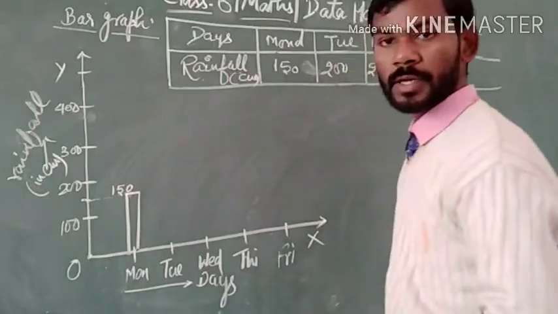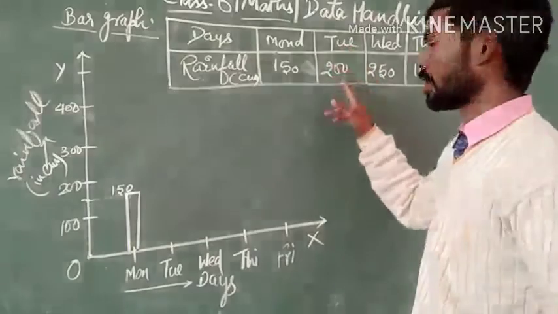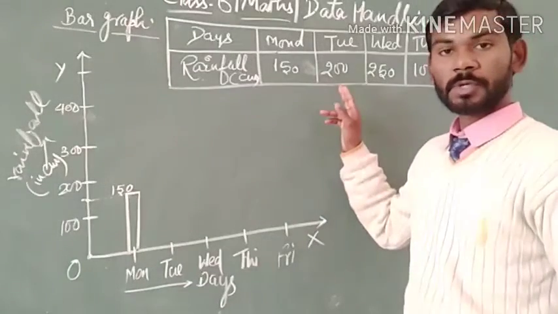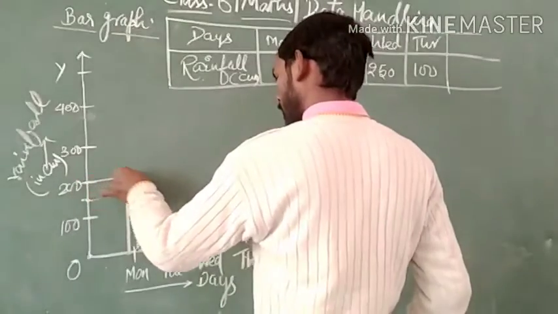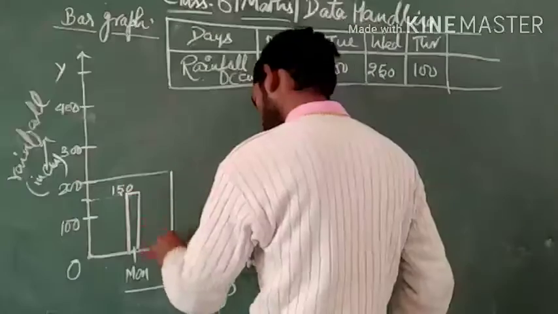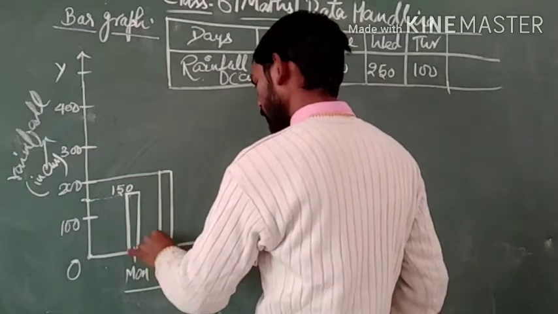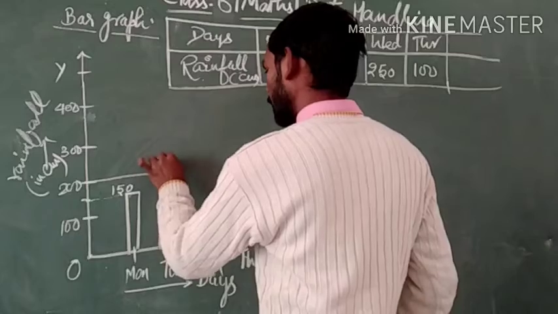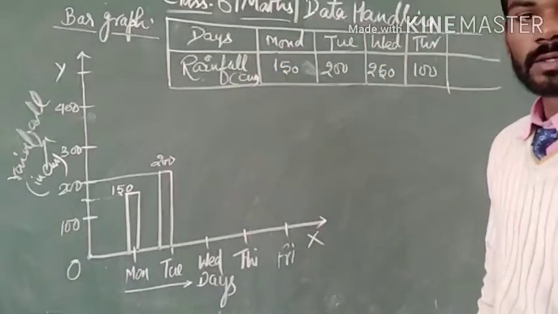150 centimeter. Similarly, the next on the Tuesday, the rainfall is of 200 centimeter. So here we draw the next bar like this. This will represent 200 centimeter rainfall on Tuesday.